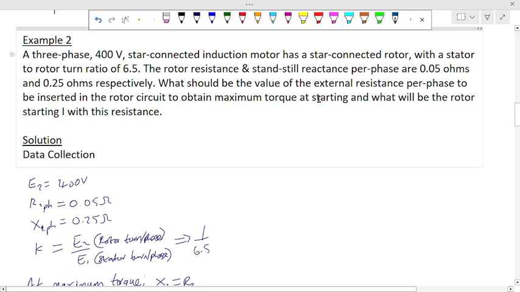What should be the value of the external resistance per phase to be inserted in the rotor circuit to obtain maximum torque at starting, and what will be the rotor starting current? This I is current, okay? The rotor starting current with this resistance.